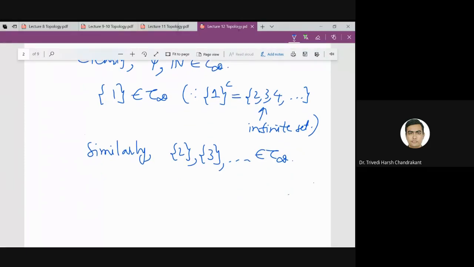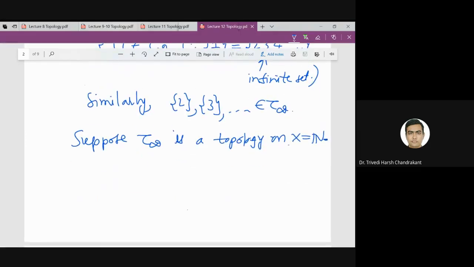And let us assume that suppose tau infinity is a topology on X equal to N. If it is a topology, then we know that it is closed under arbitrary union. So if it is a topology, then all these sets belong to tau infinity.